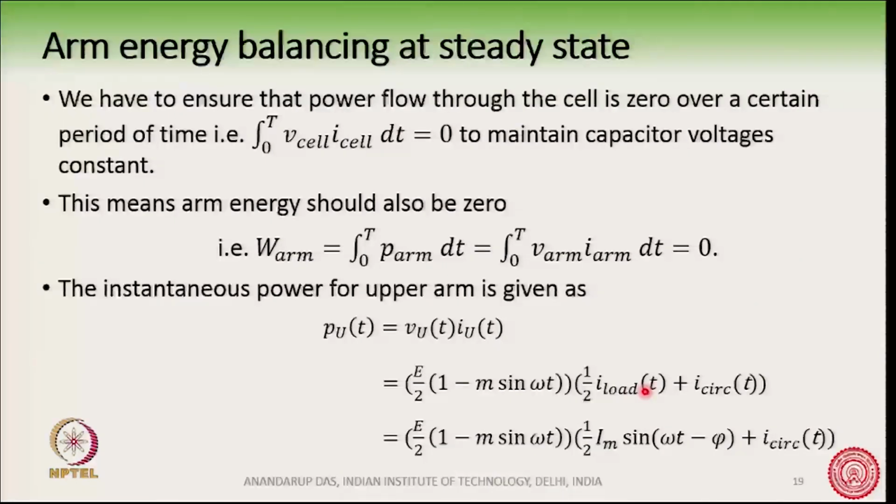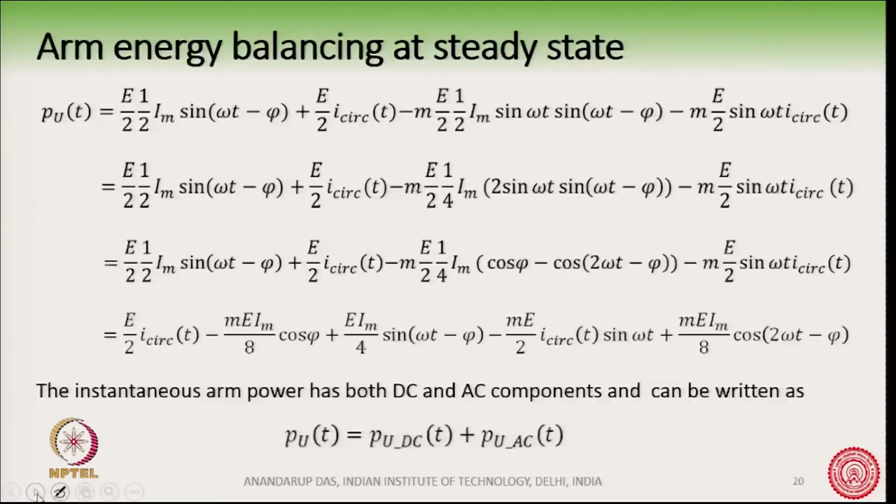For each one we expand them, substituting I load as half I m sin(omega t minus phi), and then again multiply them term by term. So, what do we get? We get a big expression like this here in P u(t), where we have multiplied them.